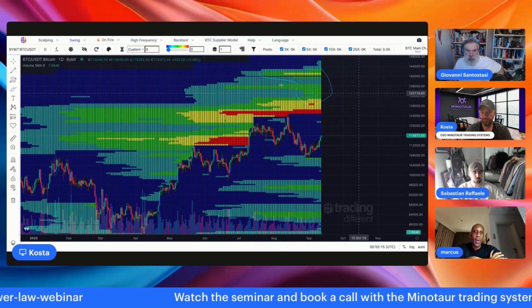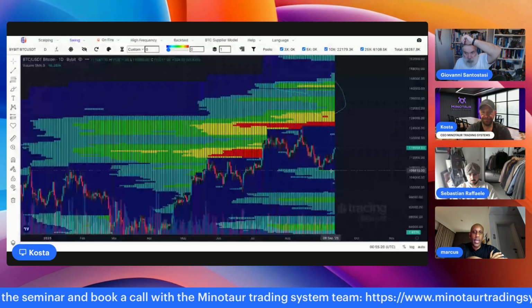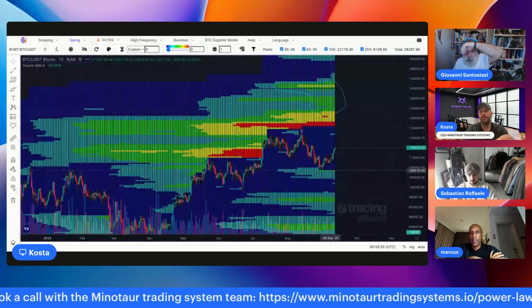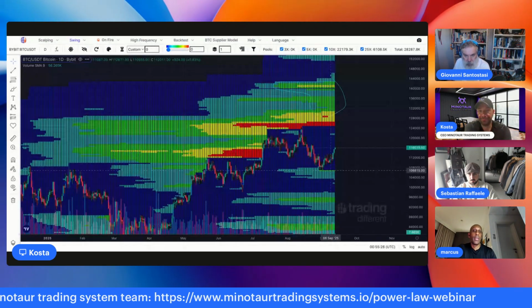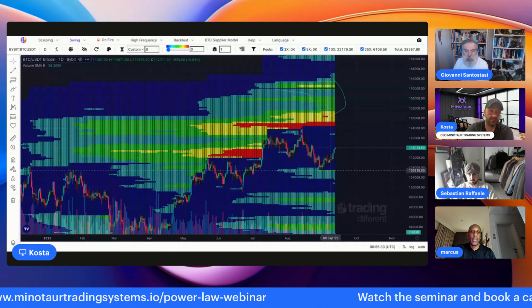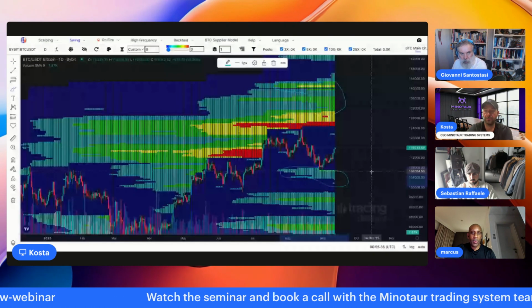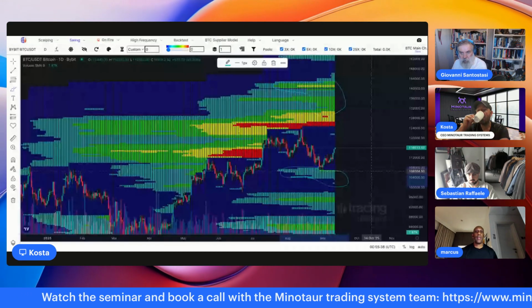The market made a very hard move to not liquidate that long pool at the bottom there. The market aggressively went in that direction, which had everybody thinking that the bull run was over.